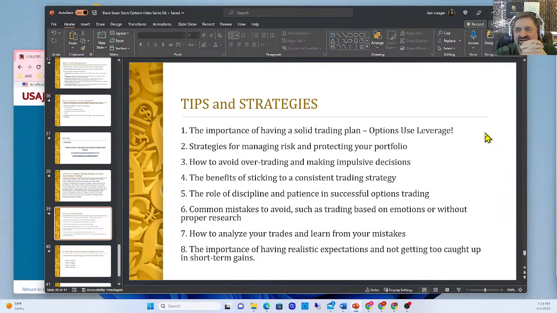And then I read some article about how somebody went $100 and something thousand in the hole, negative, right? Because that happens because of options, you're using leverage. So you need to have a solid trading plan and the strategies for managing risk and protecting your portfolio.